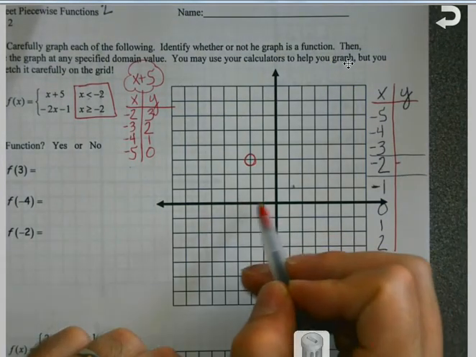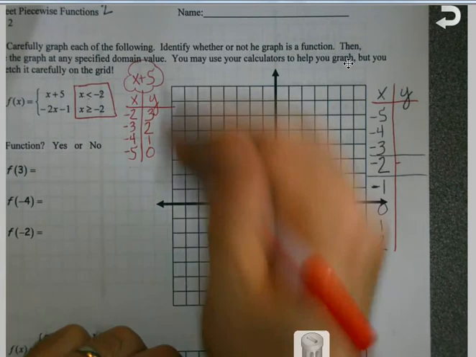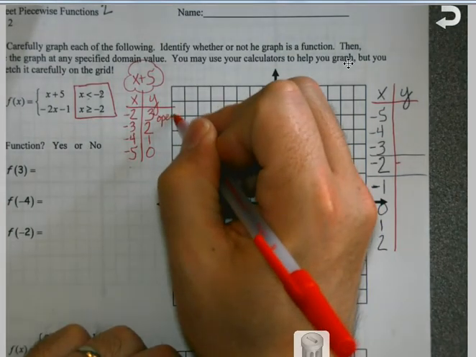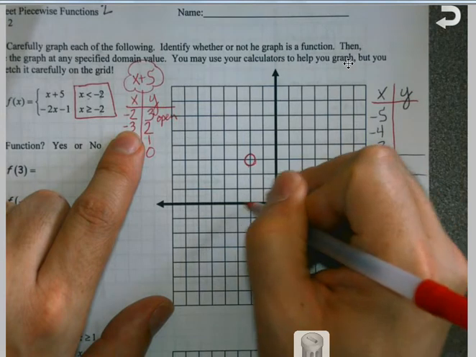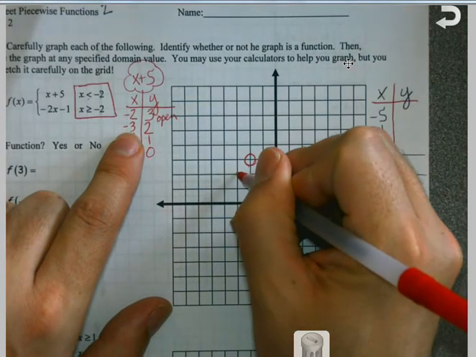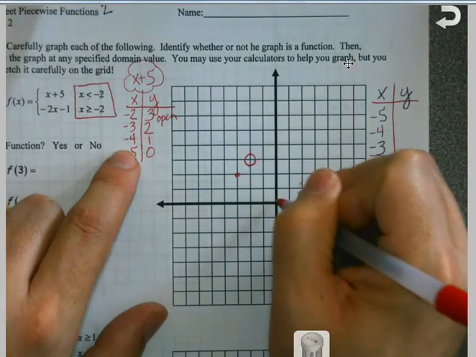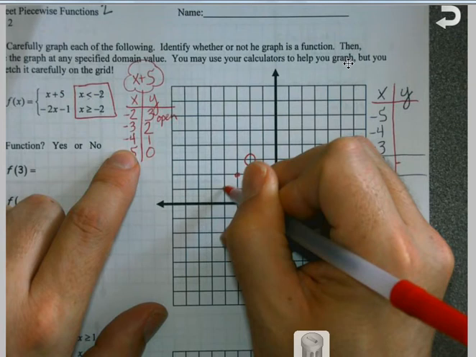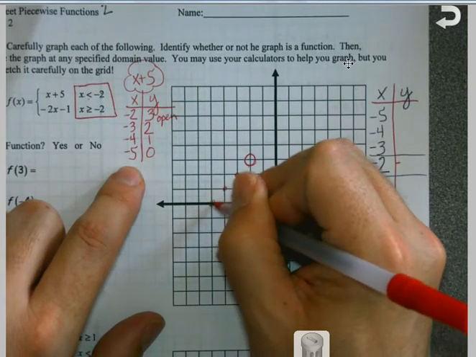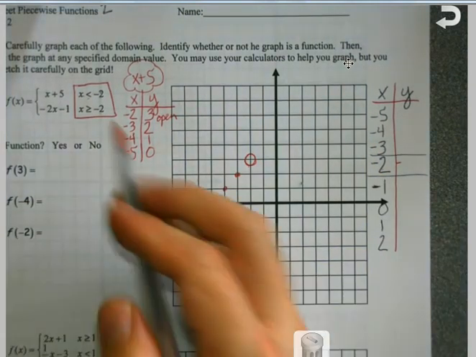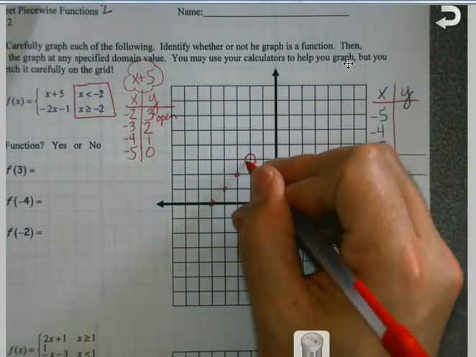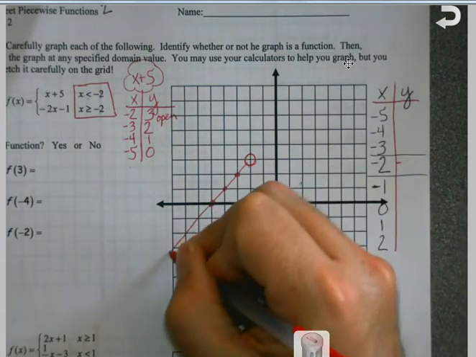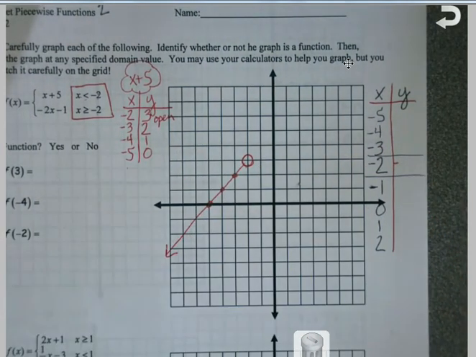So we're at -2, 3 with an open dot because we had no "or equal to." And then I'm just going to plot the other points. Since x is less than -2, I'm starting at -2 where my open circle is, and I'm just drawing my line from there.